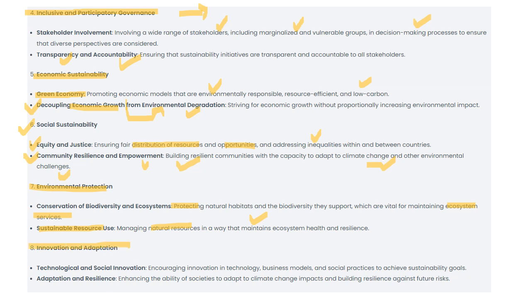The technologies should support the sustainable goals. Adaptation and resilience, enhancing the ability of society to adapt to climate change impact and building resilience against future risk.